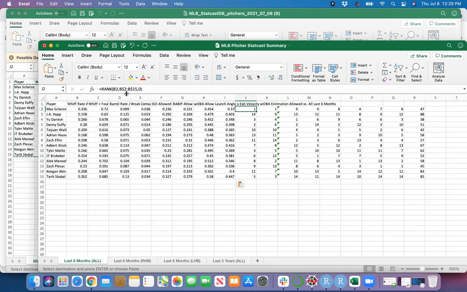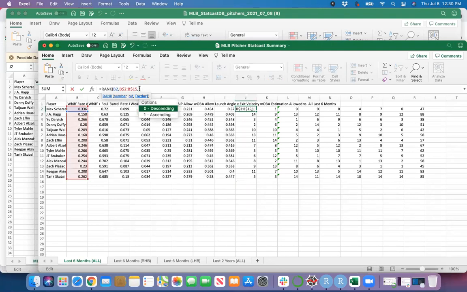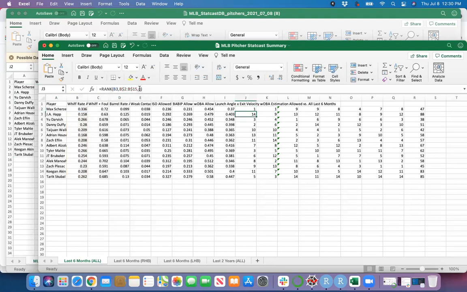But when I copy from the columns from left to right, the columns will change. And of course, I put a 0, because I want this in descending order. What this means is that I want the highest one listed first, and then I want to go down in order.